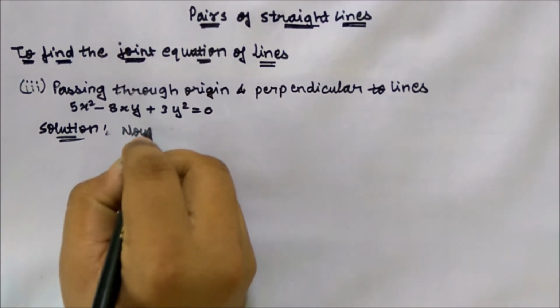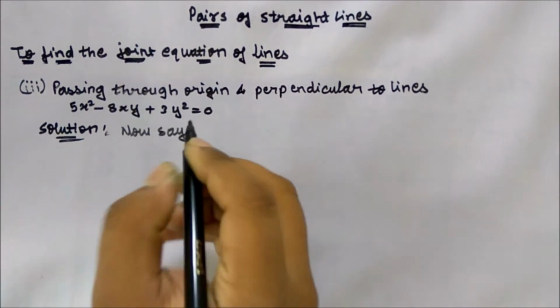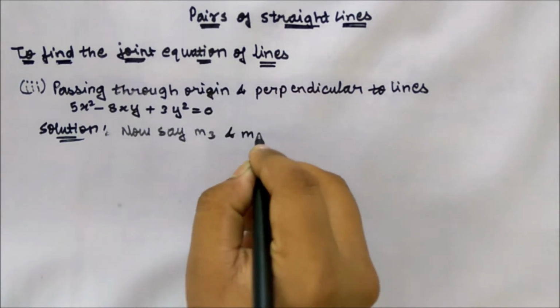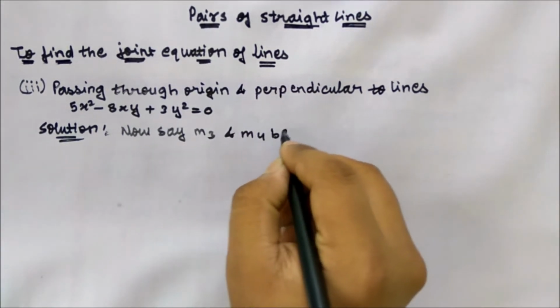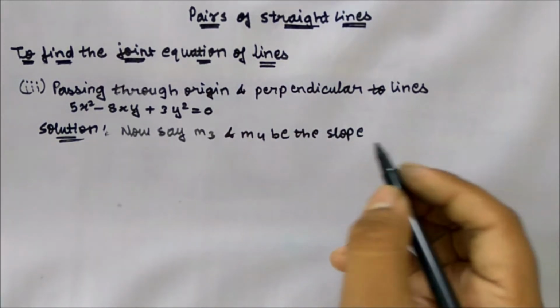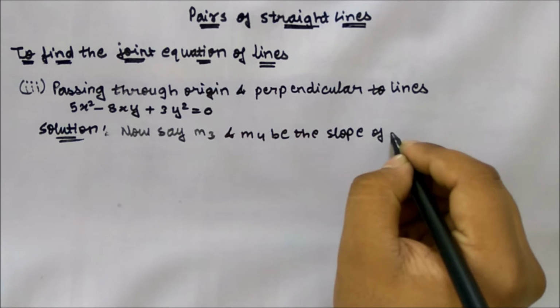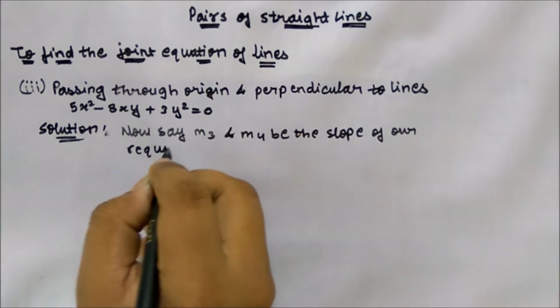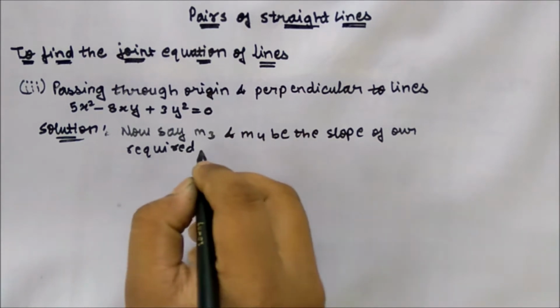So now say m3 and m4 be the slopes of our required lines.